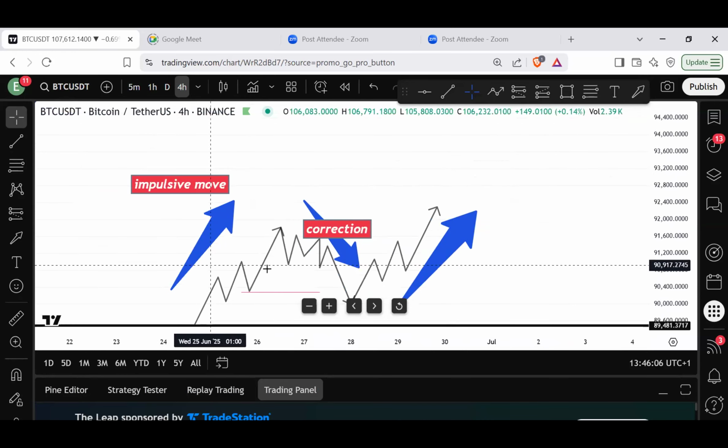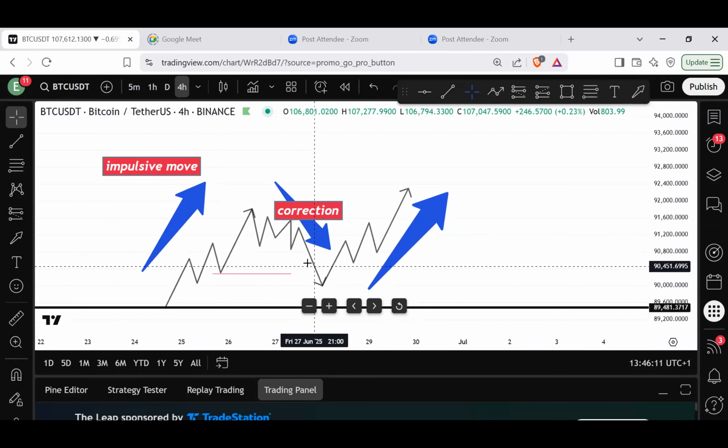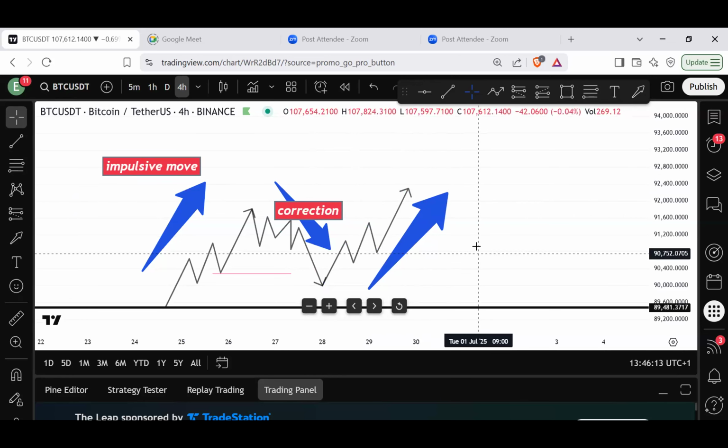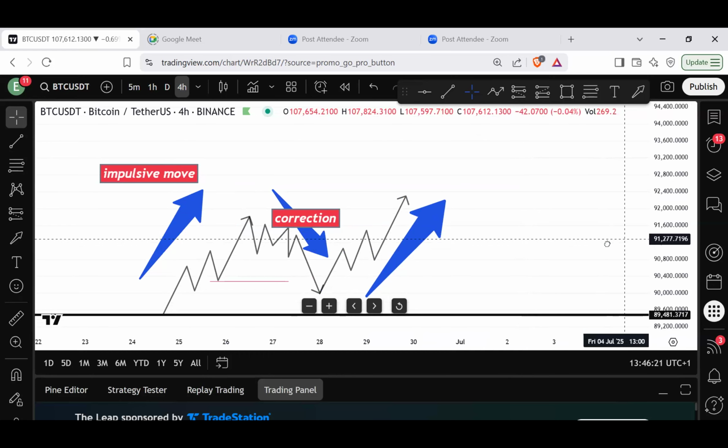So the market is basically doing impulse, correction, impulse, correction. It is trending. And when the trend wants to change, there's something else that happens. We'll talk about it soon.